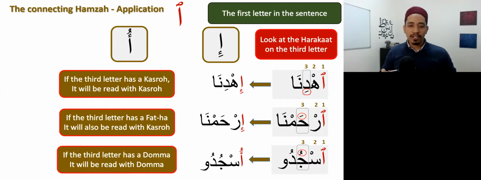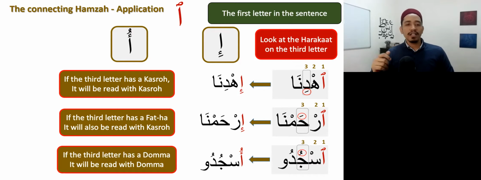End of story. So, when the connecting hamza is in the middle of a sentence, skip. If it's in the beginning of the sentence, okay. If it's followed by a lam, alhamdu, al-qari'a, allati, alladhi. If it's in the beginning of the sentence and there's no lam, it's a word, and we want to know what it should get.